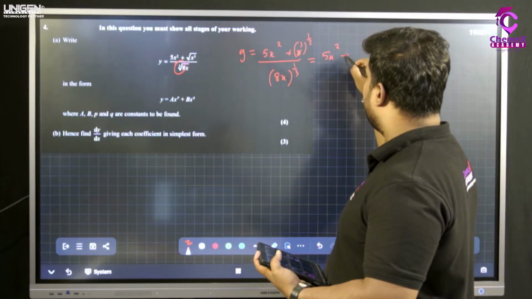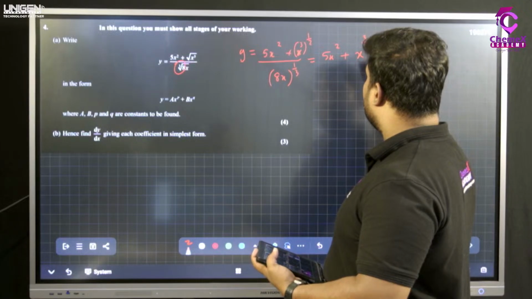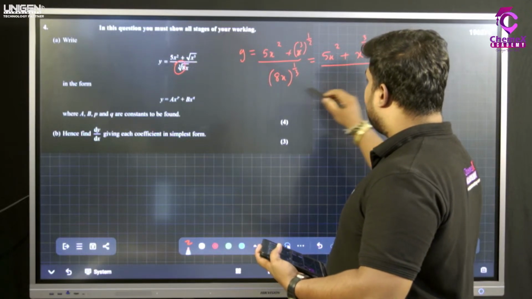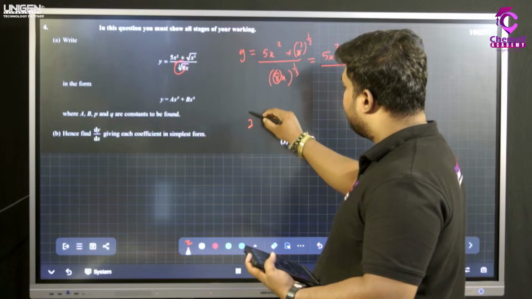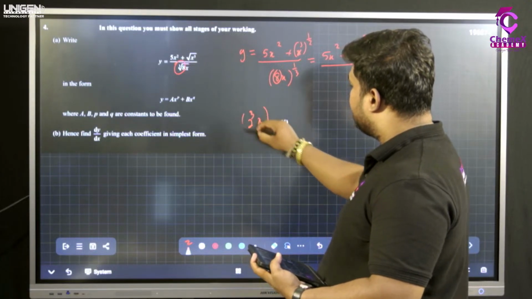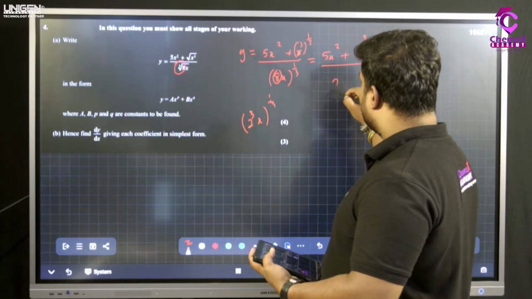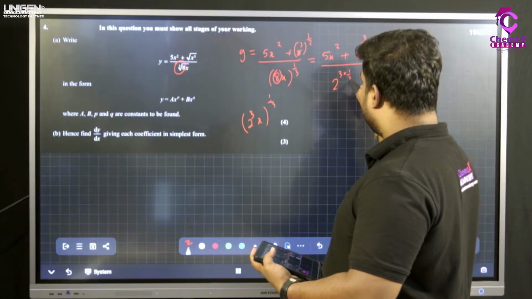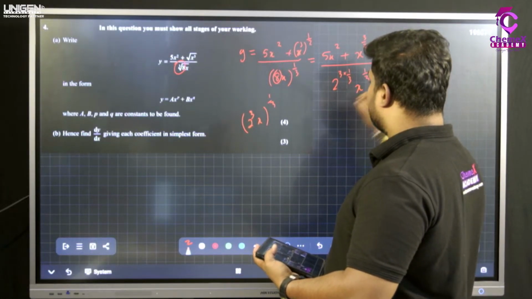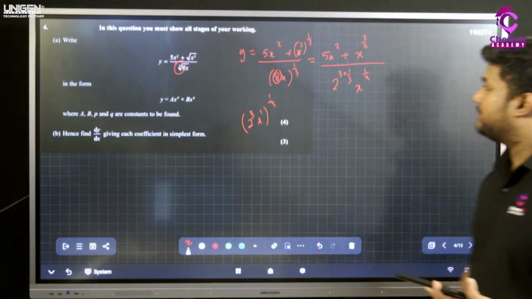5x squared plus x to the power 3 over 2, divided by 8, which can be written as 2 to the power 3, right? And x to the power 1 over 3. So I can write 2 to the power 3 into 1 over 3, x power 1 over 3, because 3 into 1 over 3 is 1.